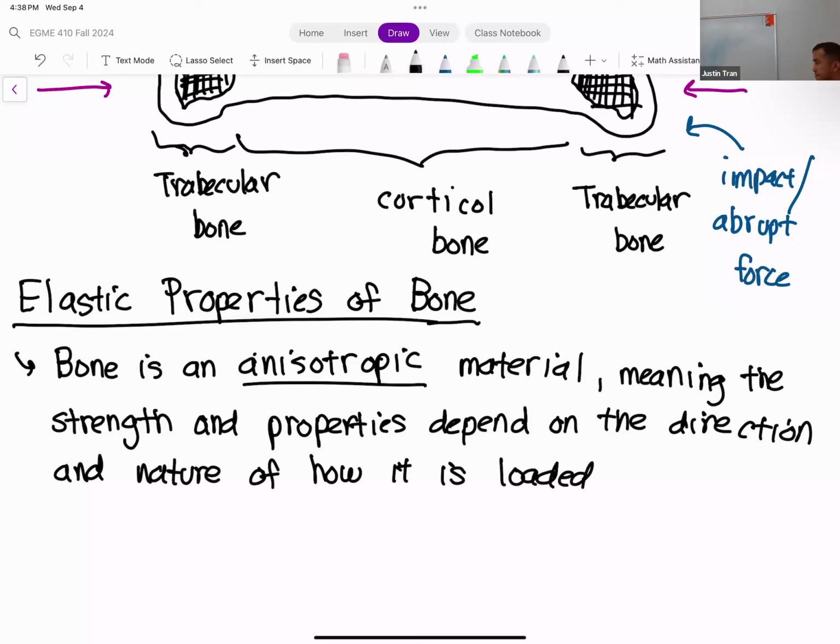Okay. So we've already hinted at this a bit. We already have established that bones are much stronger in compression than tension.